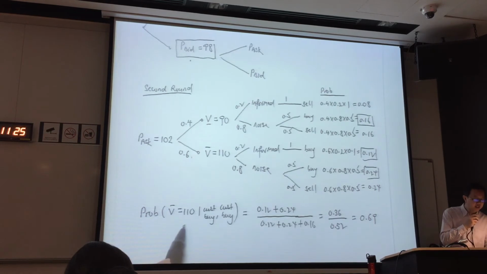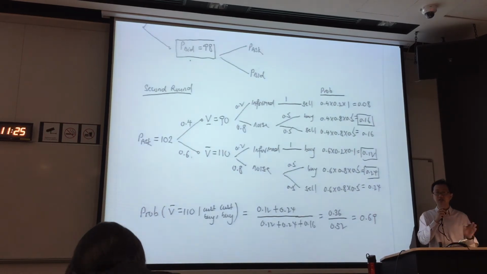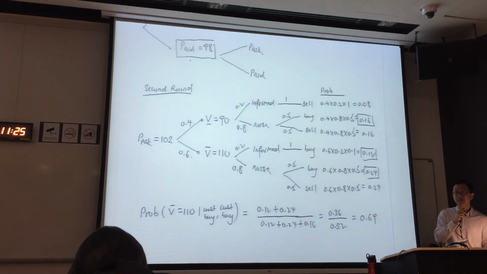So the probability of the value being 110 is now higher. Earlier on it was 60%, now it becomes 69%.